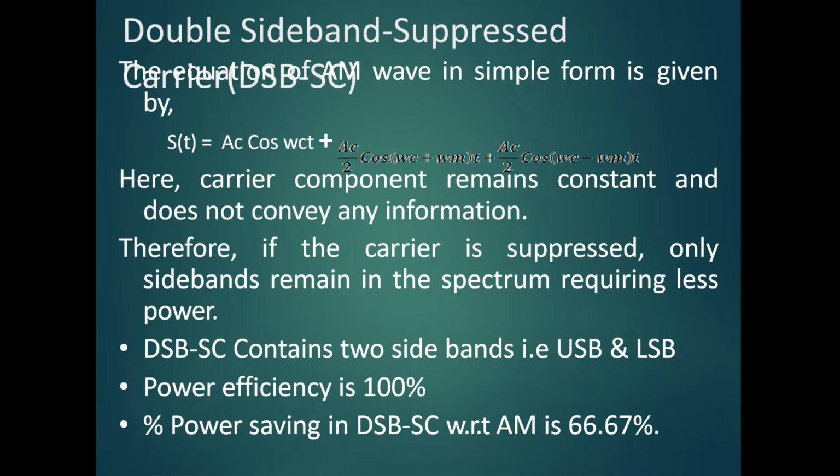Now to the different types of AM. One second. Yeah, so there are different types of AM. This is amplitude modulation. The very first one is double sideband suppressed carrier.